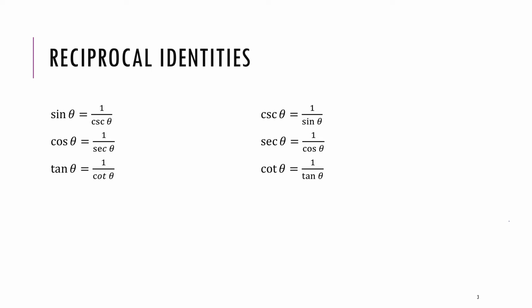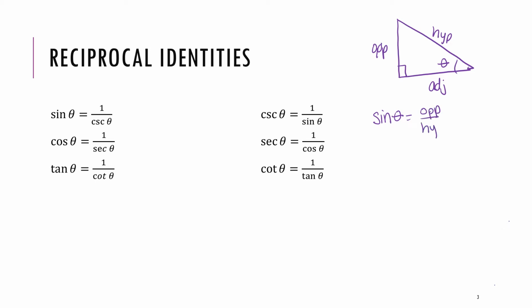The reciprocal identity comes from when we did right triangles. So when we had hypotenuse, opposite, and adjacent with this angle as theta, I want you to recall that sine of theta is equal to opposite over hypotenuse, and that cosecant theta is equal to hypotenuse over opposite.